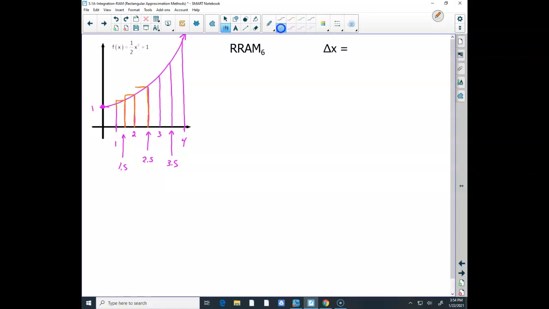My last one was an underestimate, but notice the concavity and the increasing, decreasing of this one has changed. Therefore, this is an overestimate now.